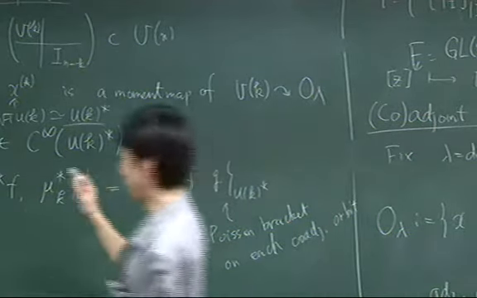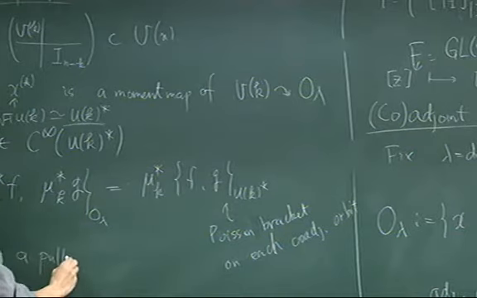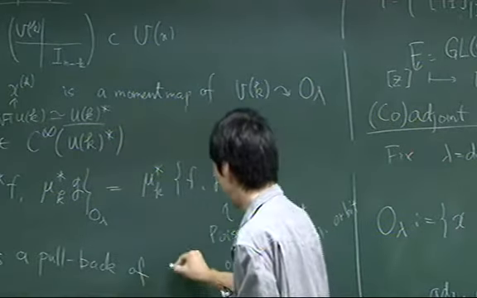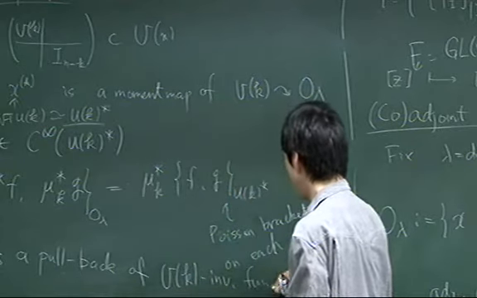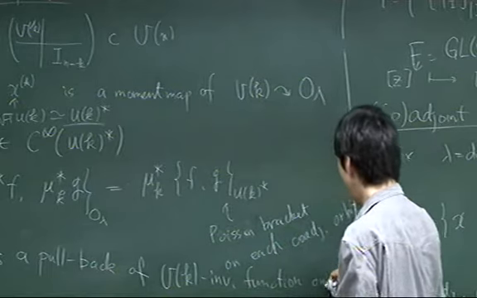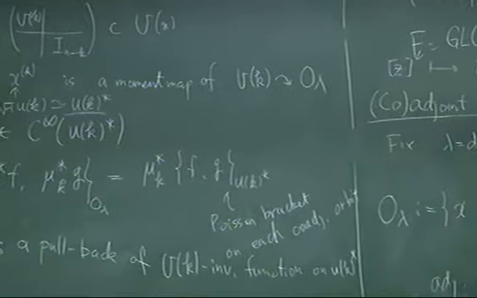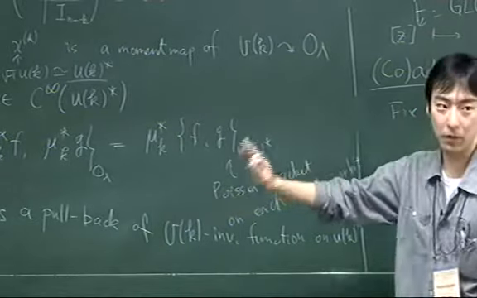And another property we need is that this function is a pullback of a UK invariant function on UK dual. This is just taking eigenvalues, so this is invariant under the adjoint action.